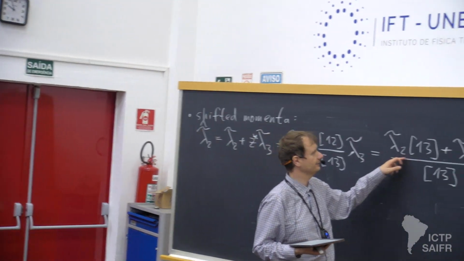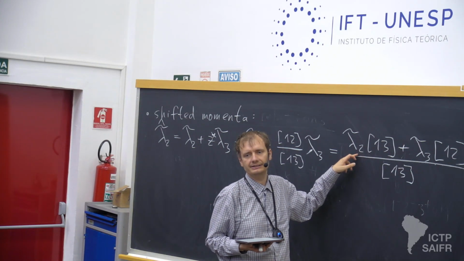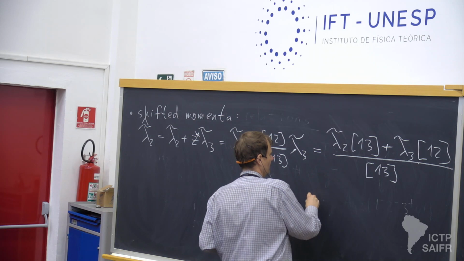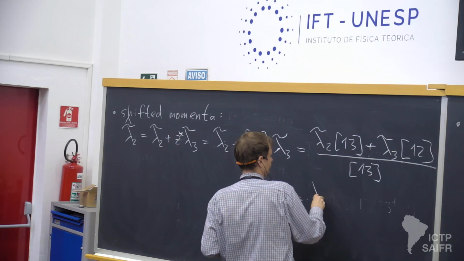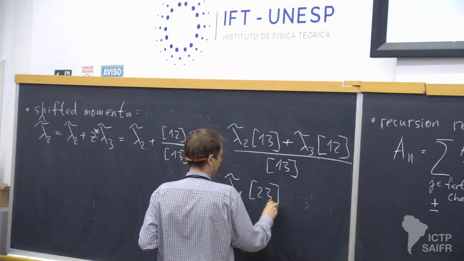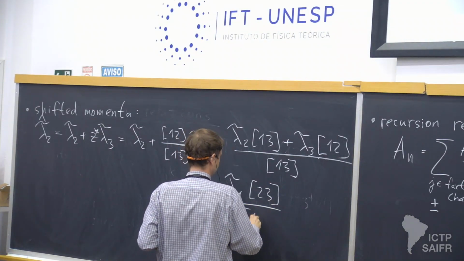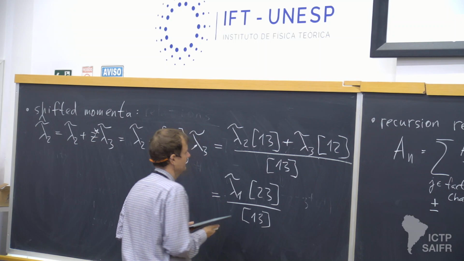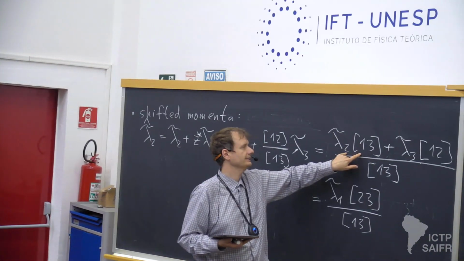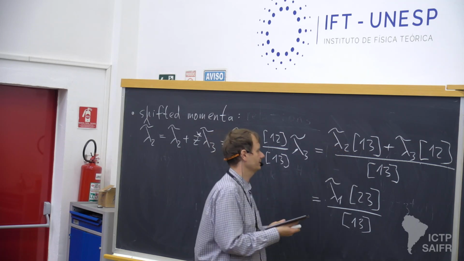Yeah, it's related to this Schouten identity I showed before. So these two things simplify into lambda 1 tilde times bracket 2 3 divided by 1 3. Okay, it's just a simple rule.